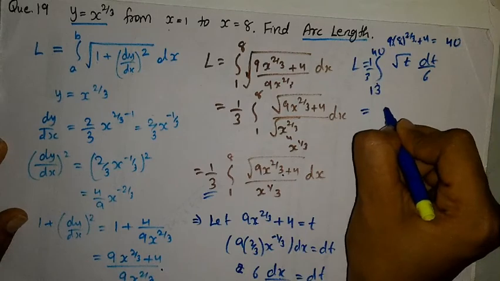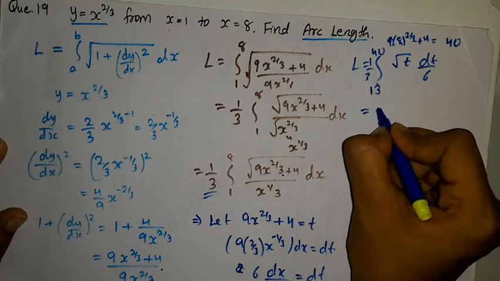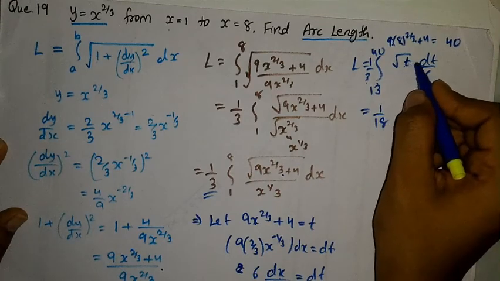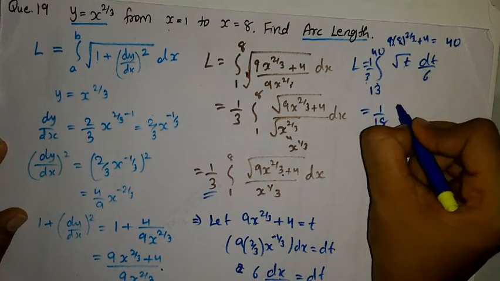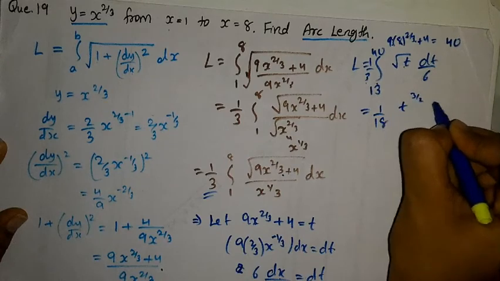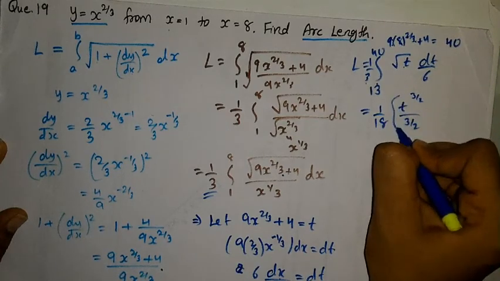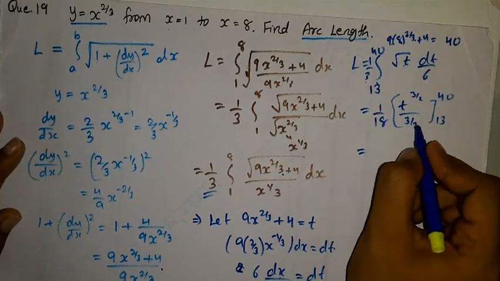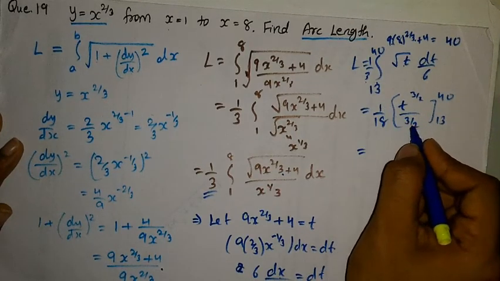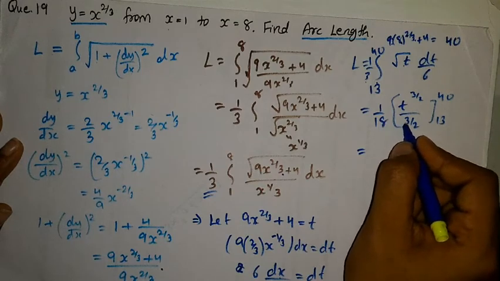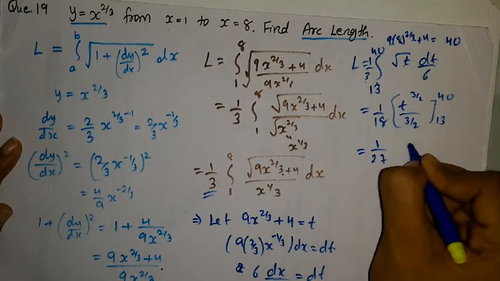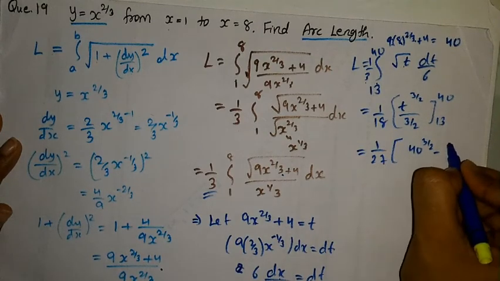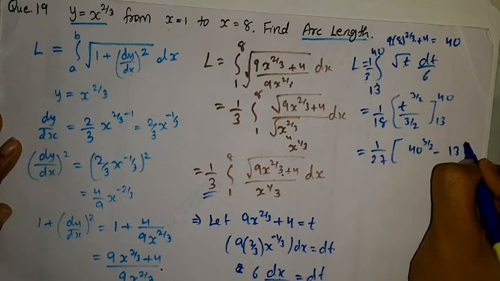So L is equal to 1 upon 6 into 3, 18, and integration of root t with respect to dt will be t raised to 3 by 2 upon 3 by 2, and its limits are from 13 to 40. That is equal to, now when we divide this by 2, we get 9. 9 into 3, 27. 1 upon 27 into 40 raised to 3 by 2 upper limit minus lower limit, 13 raised to 3 by 2.